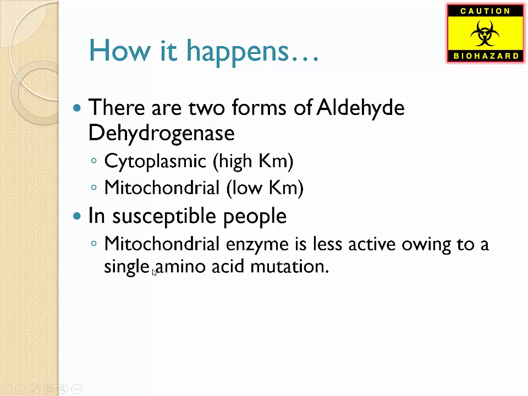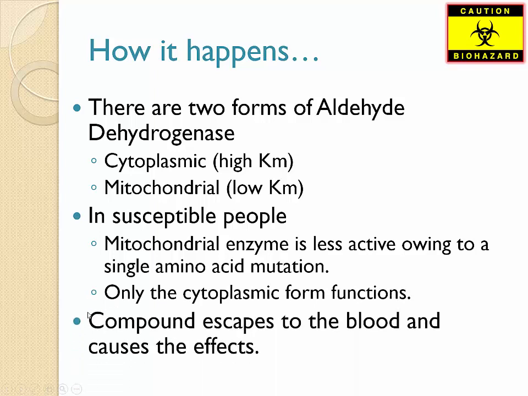One amino acid gets fouled up, and therefore the mitochondrial enzyme does not function well. This means the aldehyde does not get cleared efficiently because the cytoplasmic form cannot keep up. Okay, and it doesn't take much. That shows you the cytoplasmic form is not terribly effective at this. So only the cytoplasmic form is functioning, which means the acetaldehyde escapes to the blood and causes the effects.